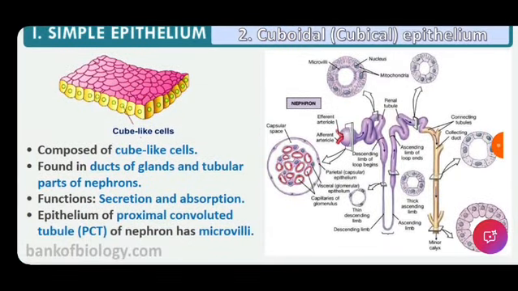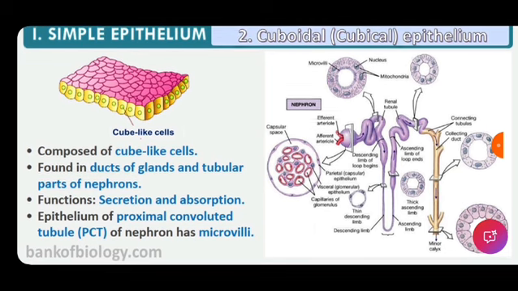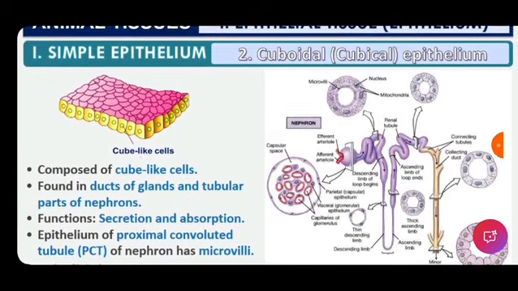The cuboidal epithelial tissue is composed of cube-like cells. In location, this tissue is present in the ducts of glands and the tubular parts of the nephrons. Its function is secretion and absorption.